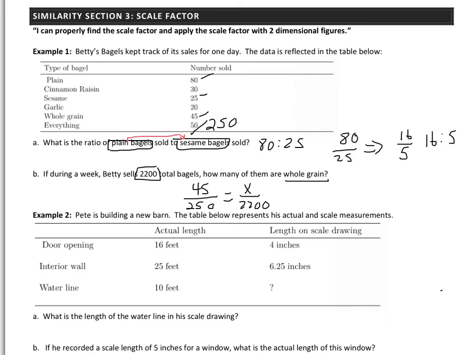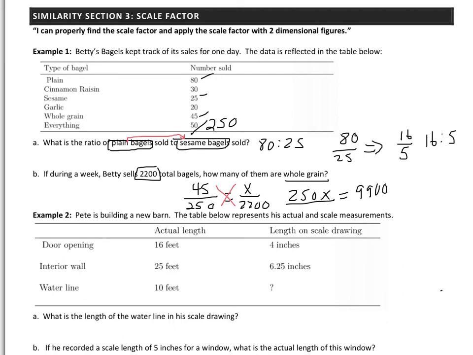There's our proportion. We know to solve a proportion, which is two fractions that equal to each other, we cross multiply. And in doing so, we get 250x equals the product of 45 and 2,200, which is, I believe, 99,000.